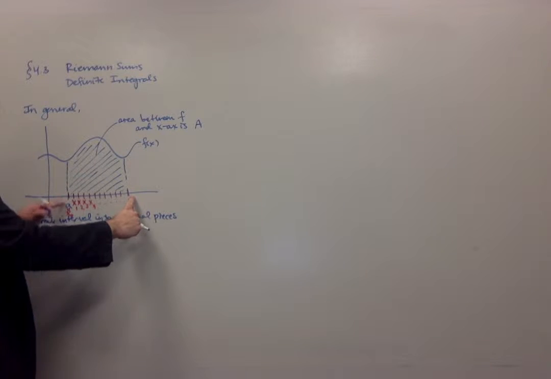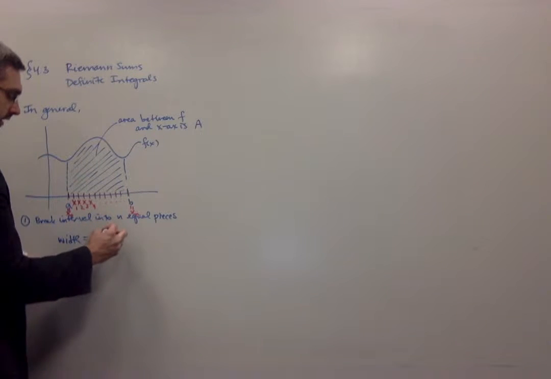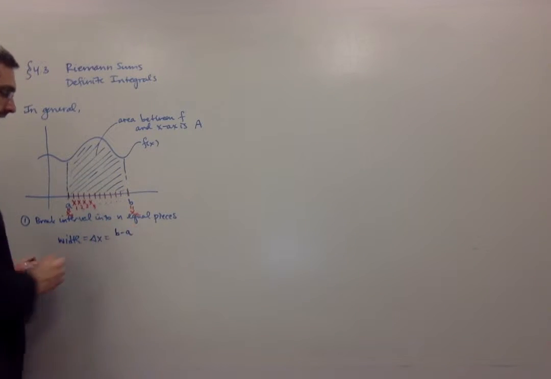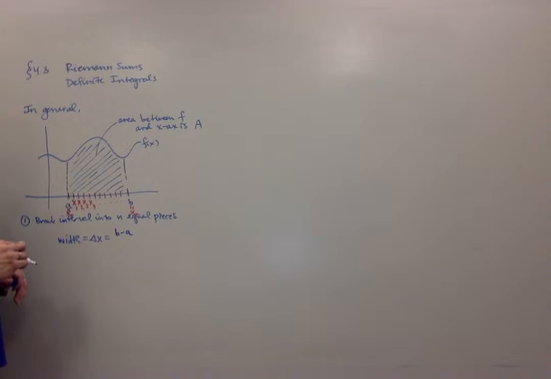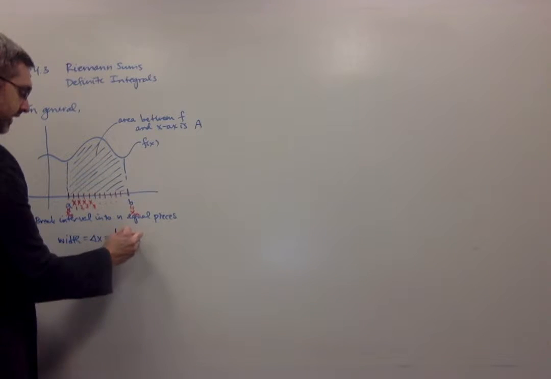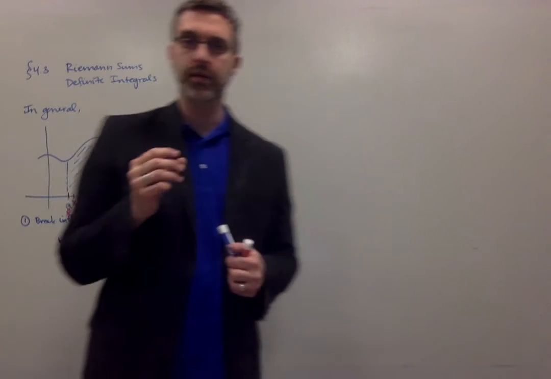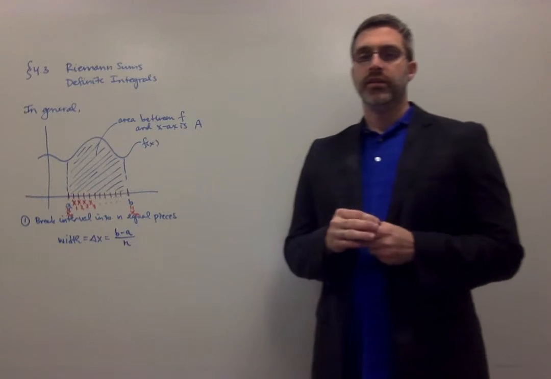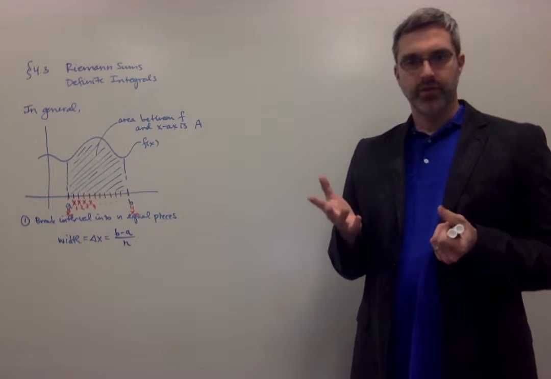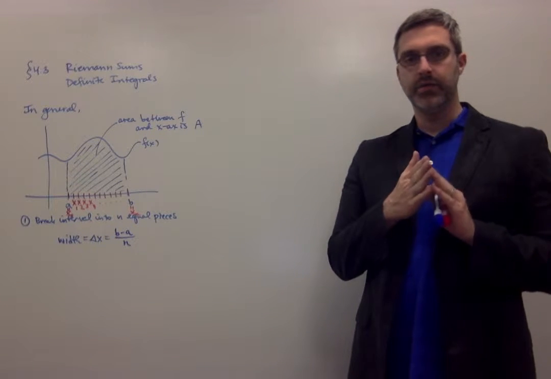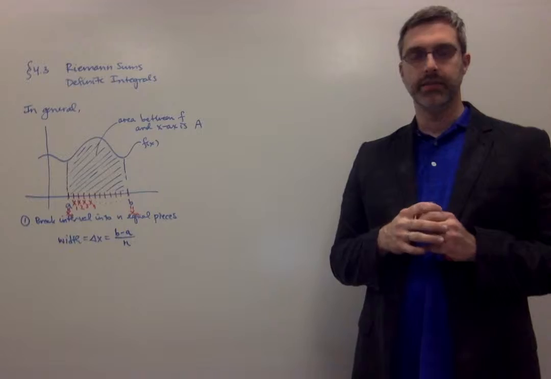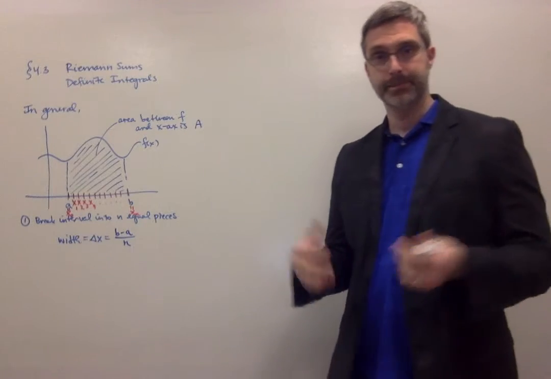So if this is A and this is B, the width of the whole thing is going to be B minus A. But we're cutting that into n equal pieces, so it's going to be B minus A over n. Got it? Okay. So it's basically the same thing that we did before. We're cutting it into n equal pieces. All I did was label the endpoints. So that's the first step.